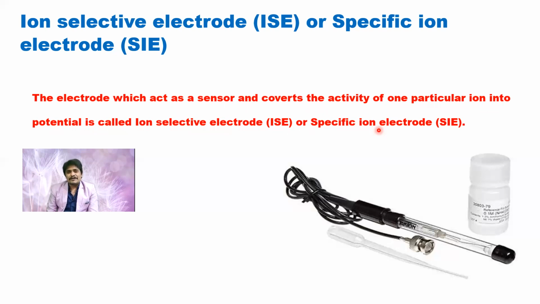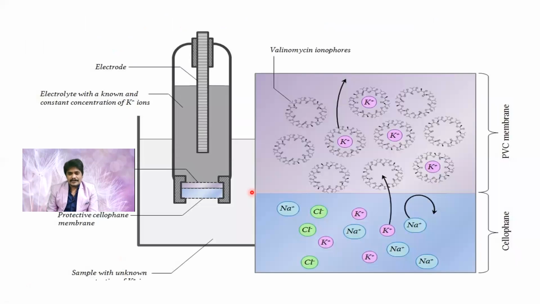So in order to simplify things, let me consider one example with you. This is one of the ion selective electrodes, or specific ion electrodes. And this is a solution which comprises so many ions: sodium ions are a part of it, chloride ions are a part of it, potassium ions are a part of it, and chloride ions are a part of it.